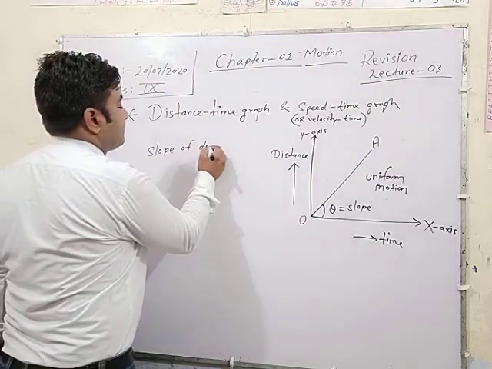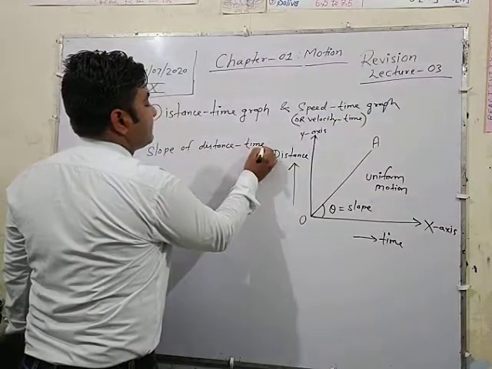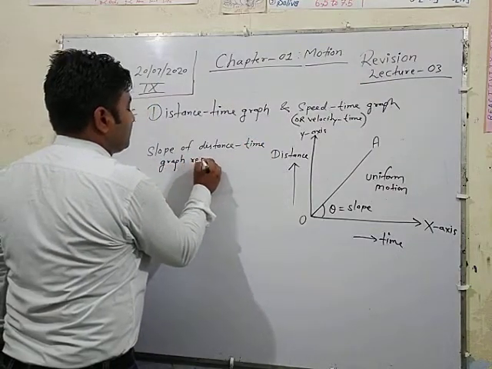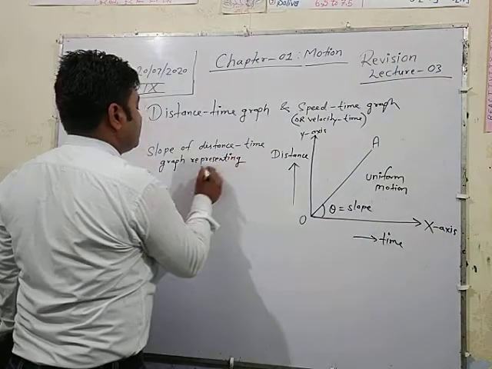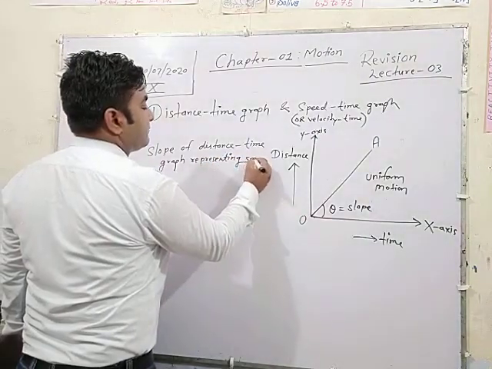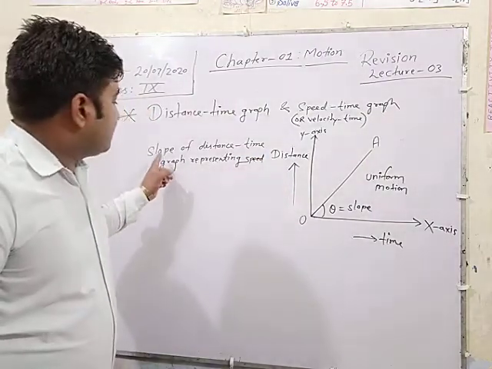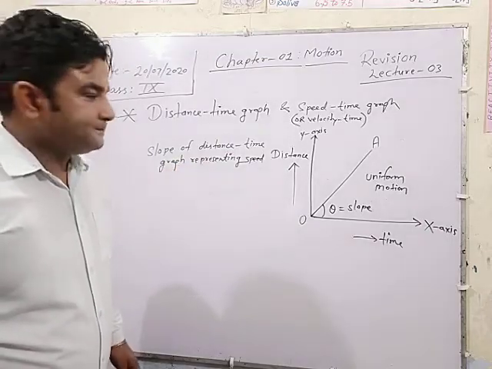And the slope of the distance time graph is representing speed. Clear? Very easy. Slope of distance time graph representing speed.